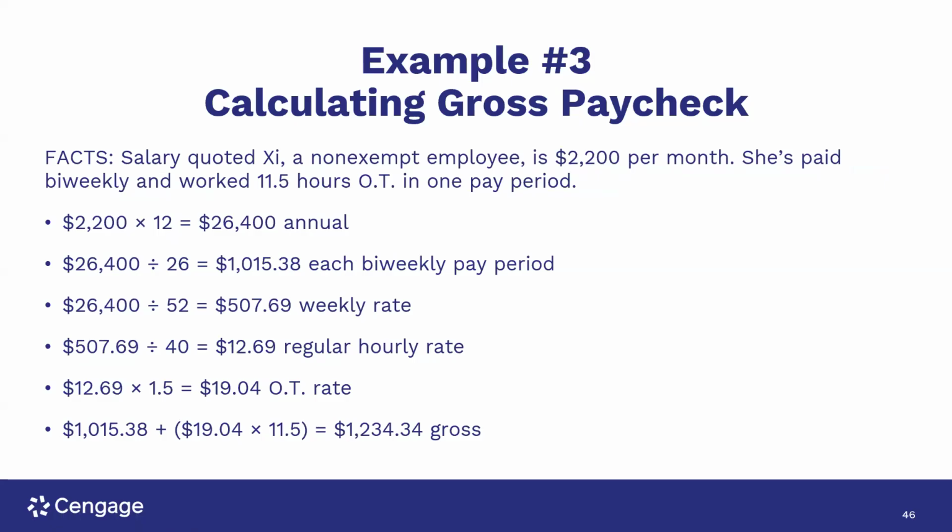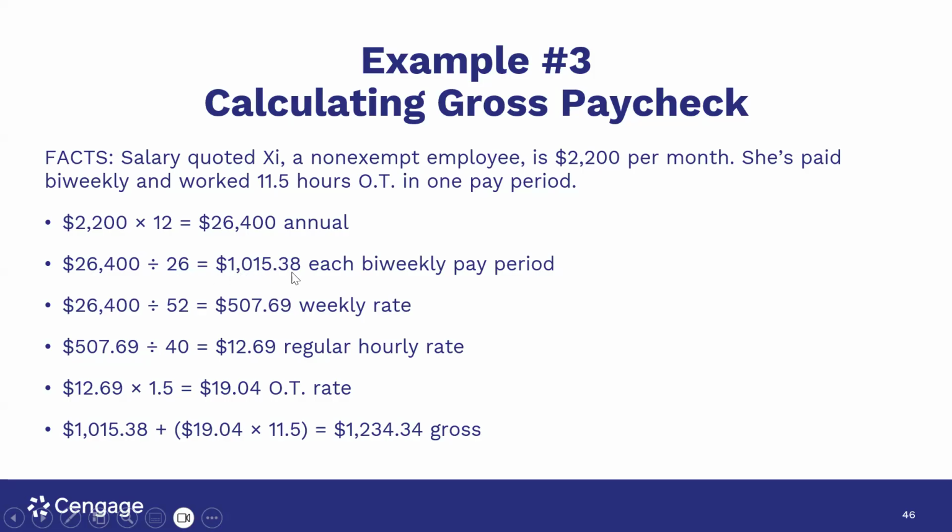And here's another example of a biweekly employee, so paid every 2 weeks, 11 and a half hours of overtime in one pay period, and makes 2,200 per month. So we take the monthly salary, annualize it to 26,400, and then divide it into biweekly pay periods, 26 pay periods in a year.